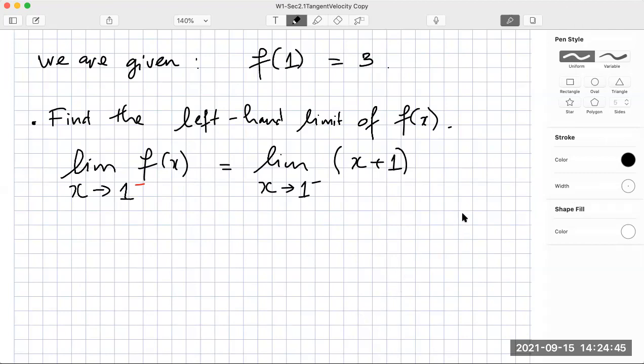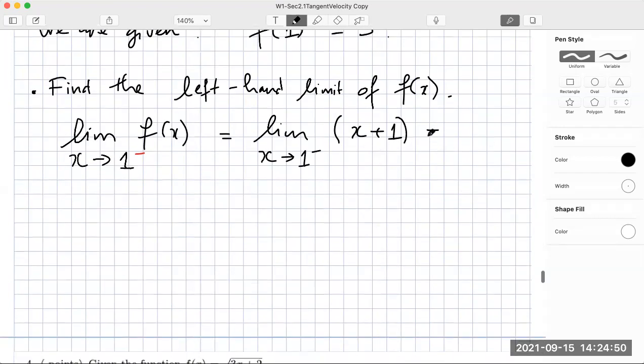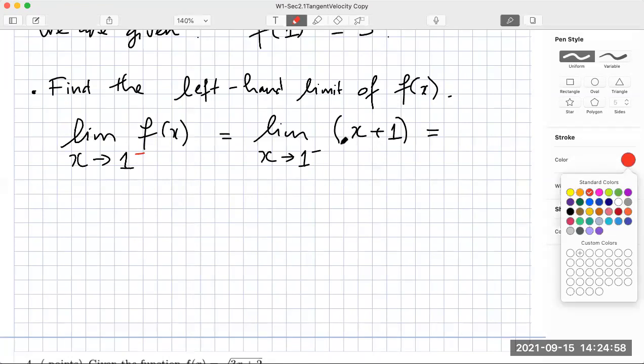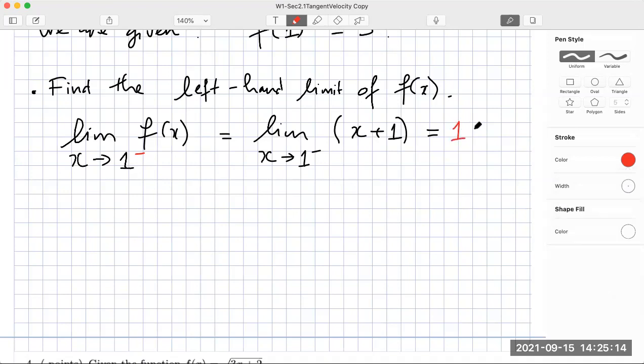Okay, very good. And what is the limit of this guy? Ooh, be careful. 2. Very good. Thank you, Isaac. So this is a polynomial of degree 1, then it is continuous. We can just replace and use the limit rules. It would be the limit of x plus the limit of 1, which is 1 plus 1, and it is 2. That's it.